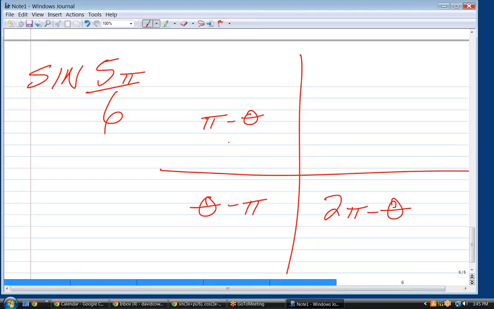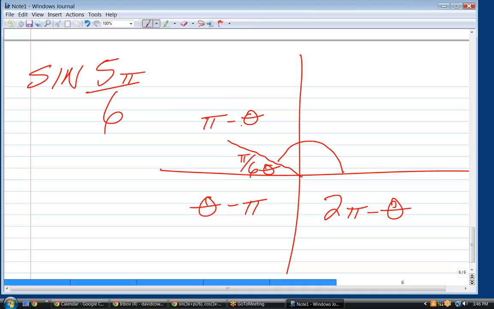In other words, if that angle was 5 pi over 6, what is theta going to be? It's pi minus 5 pi over 6, so theta ends up being pi over 6.